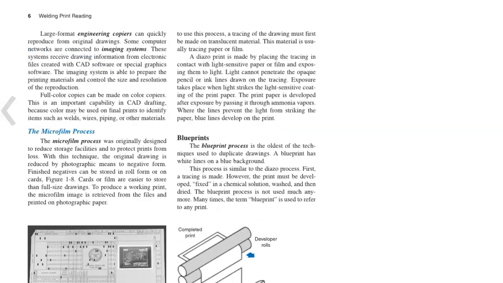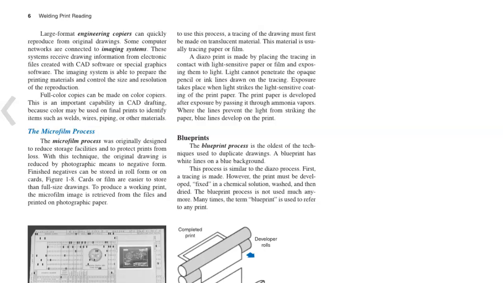In order to use the process, a tracing of the drawing must first be made on translucent material. The material is usually tracing paper or film. A diazo print is made by placing the trace in contact with light-sensitive paper or film and exposing them to light.